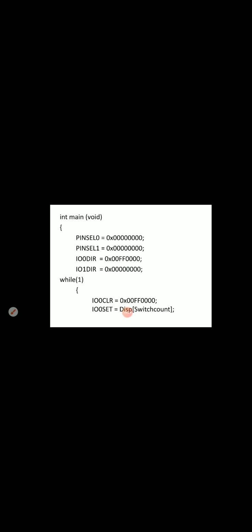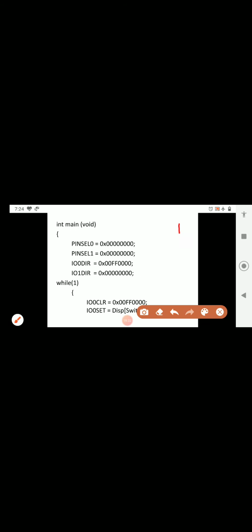Similarly, if you want to glow the character 1, consider A, B, C, D, E, F, G, where this is your last number, divided into 4 bits.